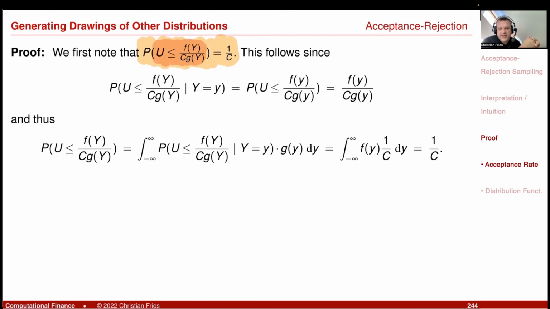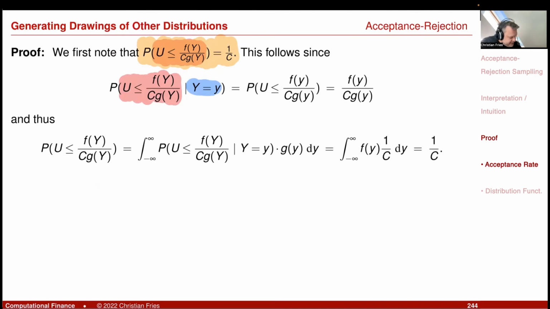Okay, so how do you see this? If you have a probability where two random variables occur, a nice thing is to just introduce a conditioning. So I will condition on Y equals little y, and look at the conditional probability of accepting the point under the condition that I know I have sampled little y.